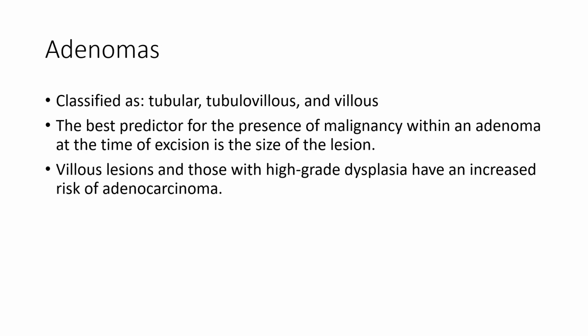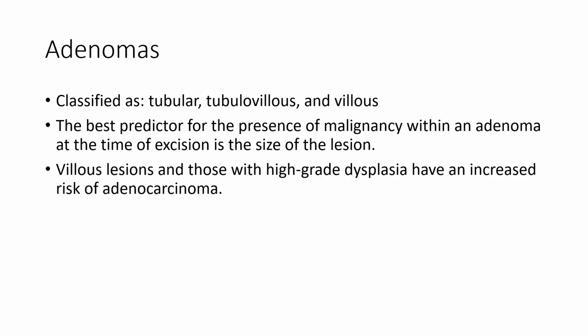Adenomas are classified into tubular adenomas, tubulovillous adenomas, and villous adenomas. Tubular adenomas consist predominantly of tubular glands. Villous adenomas consist predominantly of villi, and tubulovillous adenomas have a mixture of tubular glands and villous architecture.